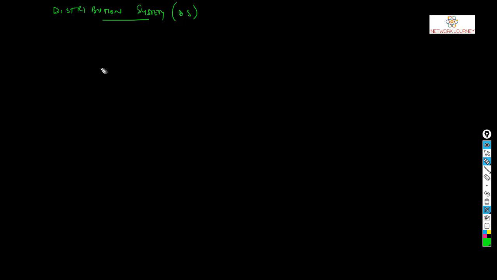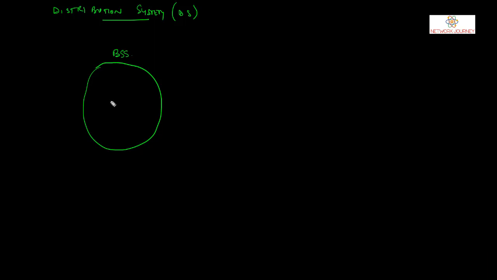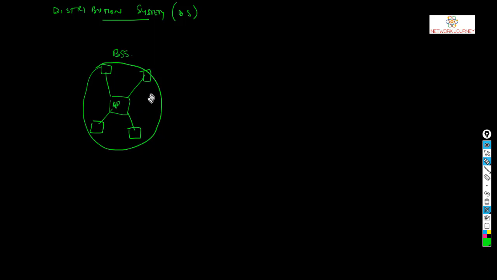So let's say I have a BSS, in the sense a basic service set, where I have an access point and different hosts or users connected to the access point. Now, who gives upstream data to the access point?